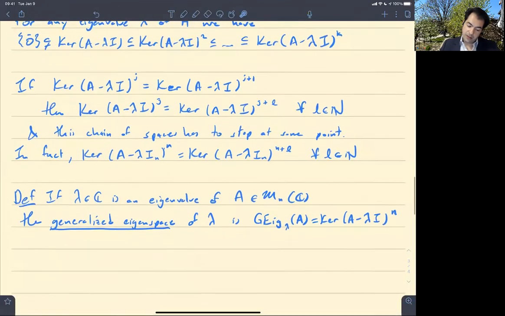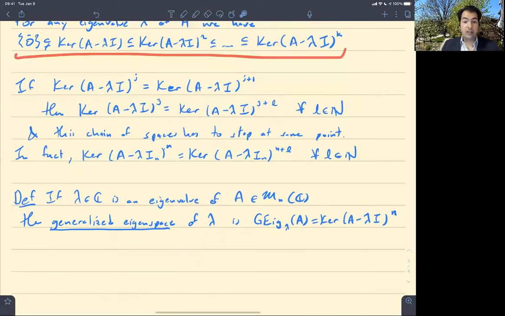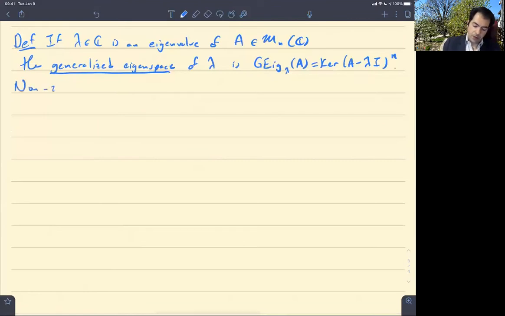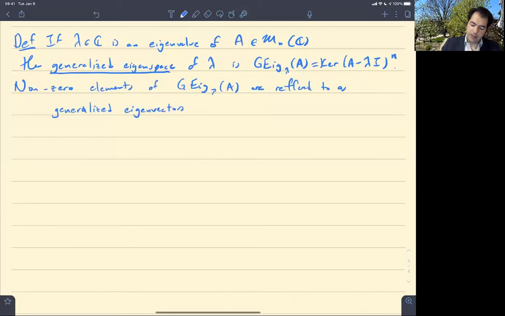So it is the stable space in this sequence. Non-zero elements of the generalized eigenspace are referred to as generalized eigenvectors of A associated with lambda or corresponding to lambda.